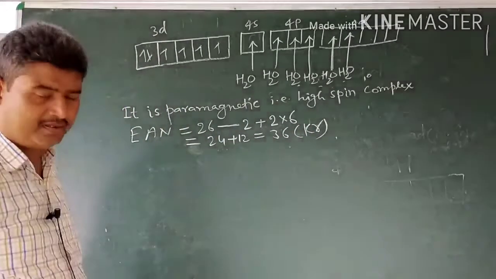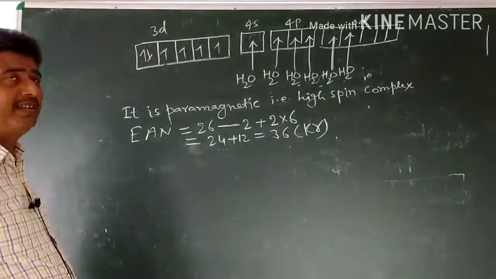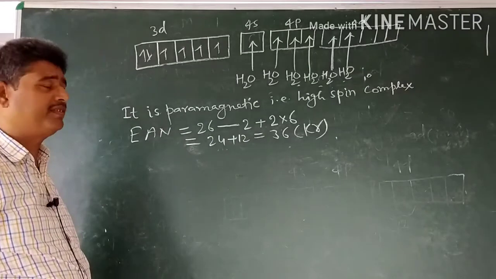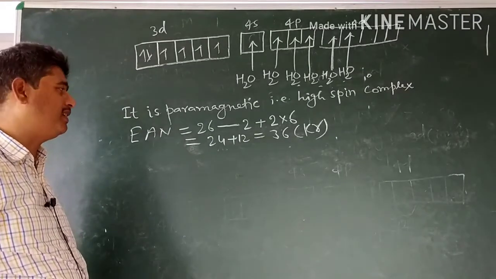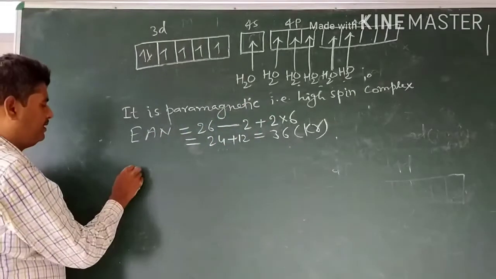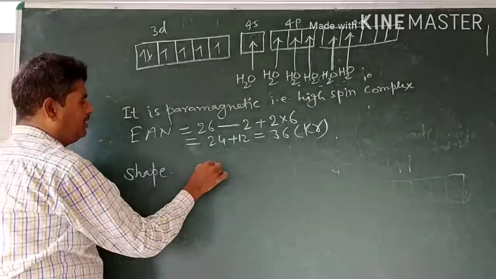Now see, in both cases, sp3d2 or d2sp3, the shape is similar, that is octahedral. Shape: octahedral.